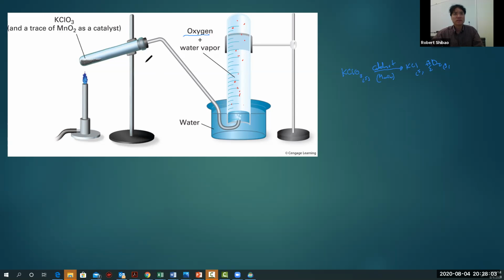As bubbles of oxygen gas come through here, the oxygen gas rises in the tube and collects at the top, pushing the water level down. And so it makes a convenient way for capturing oxygen gas. We don't want to contaminate it with air. And so that's convenient. So we got oxygen gas.